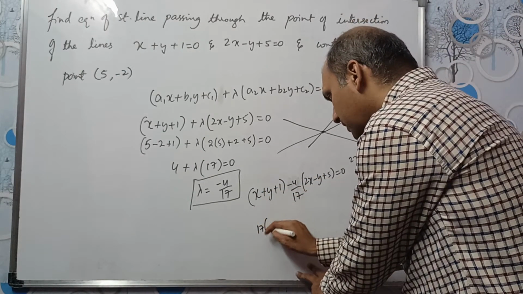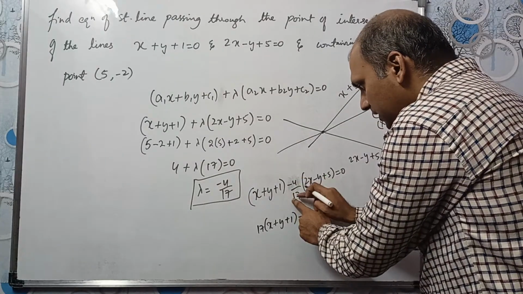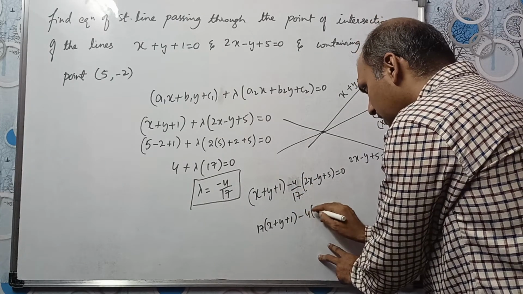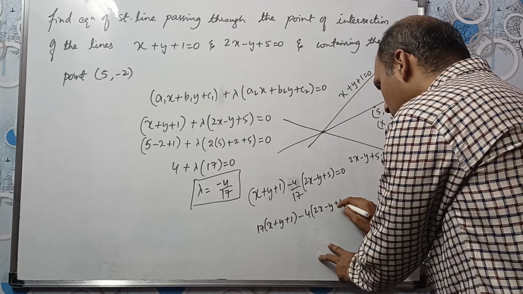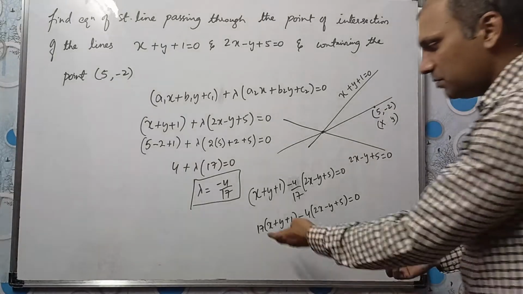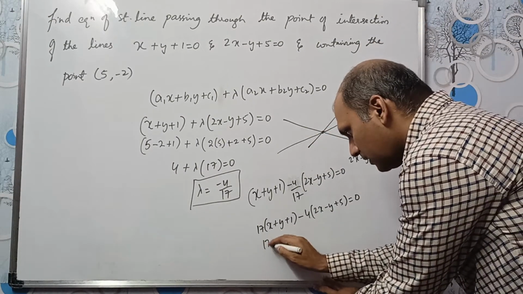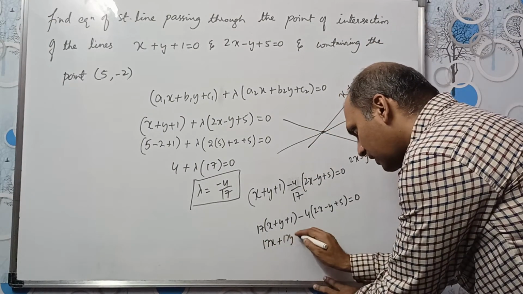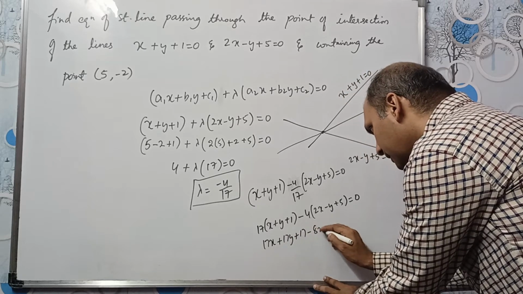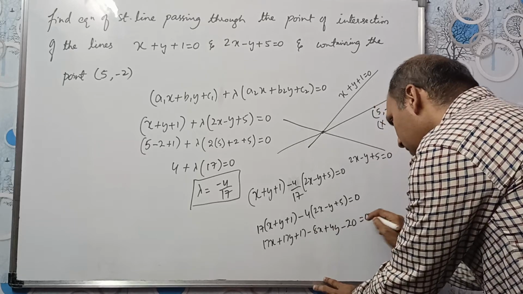So this will become 17 times x plus y plus 1 minus 4 times this equation equal to 0, since the 17s get cancelled. We can simplify and it will be a linear equation. Let us check: 17x plus 17y plus 17 minus 8x plus 4y minus 20 is equal to 0.